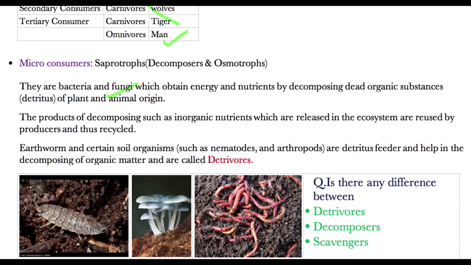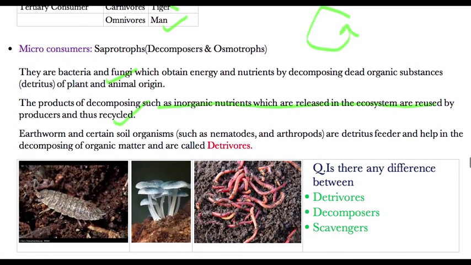The products of decomposition, such as inorganic nutrients, are released into the ecosystem and reused by producers and thus recycled. So we already saw that the nutrients go on a cycle, they are recycled again and again from autotrophs to heterotrophs and back again to autotrophs.